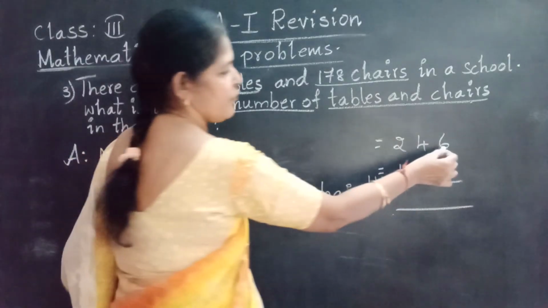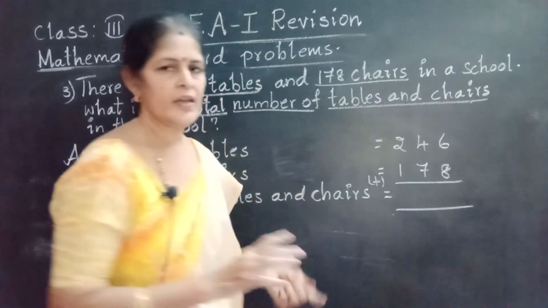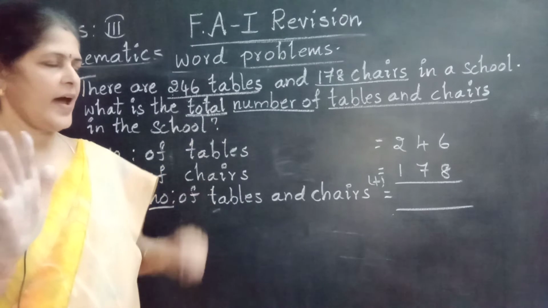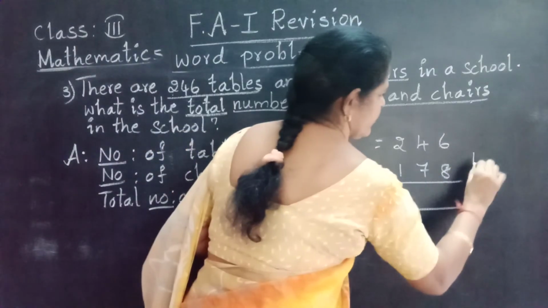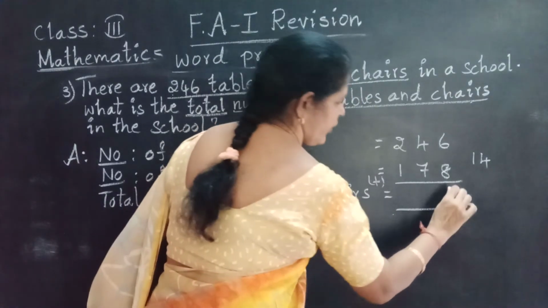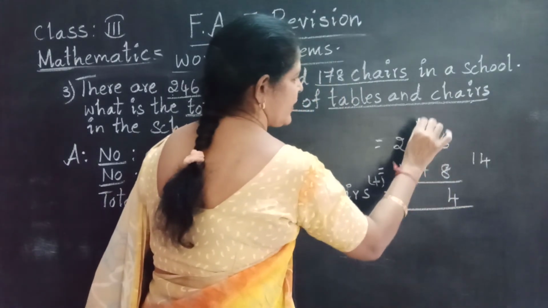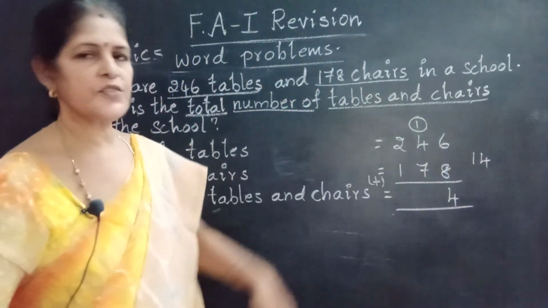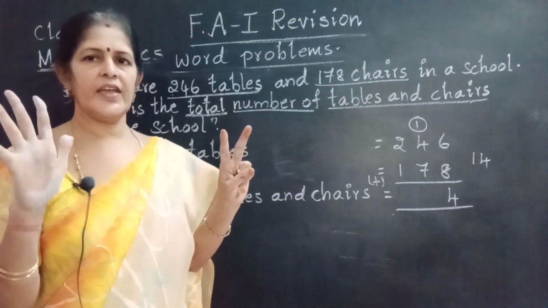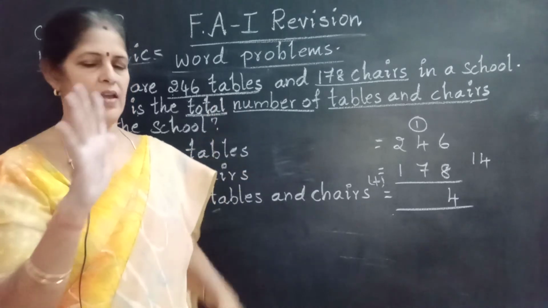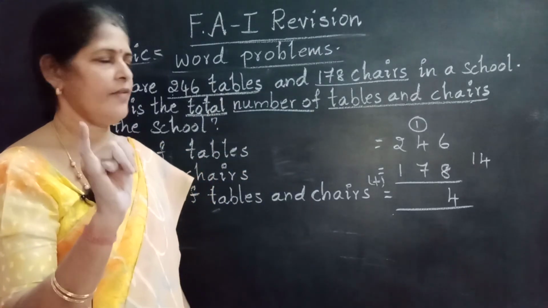Start addition from ones. 6 plus 8. Take 6 fingers. 8 after 9, 10, 11, 12, 13, 14. Regrouping. 4 right in the ones place. 1 carry forward. 1 plus 4, 5. 5 in the mind. Take 7 fingers. 5 after 6, 7, 8, 9, 10, 11, 12.